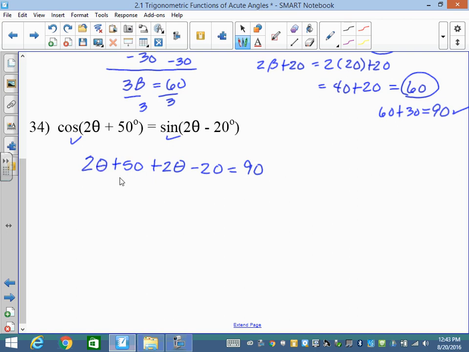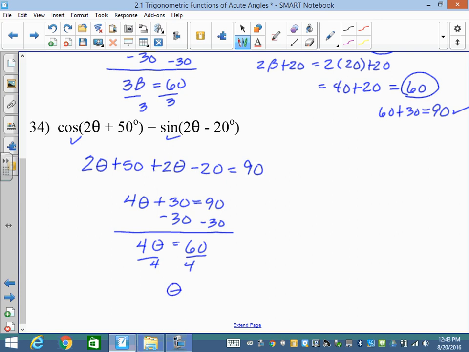Combine like terms: 2 theta and 2 theta gives us 4 theta. 50 minus 20 gives us 30, so plus 30 equals 90. Subtract 30 from both sides. 4 theta equals 60. Divide by 4, and we get theta equals 15.